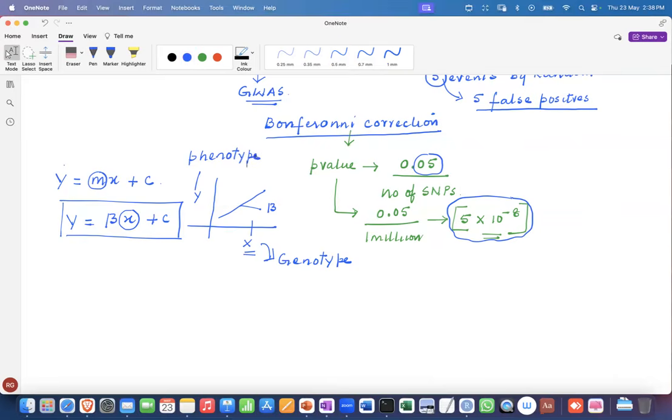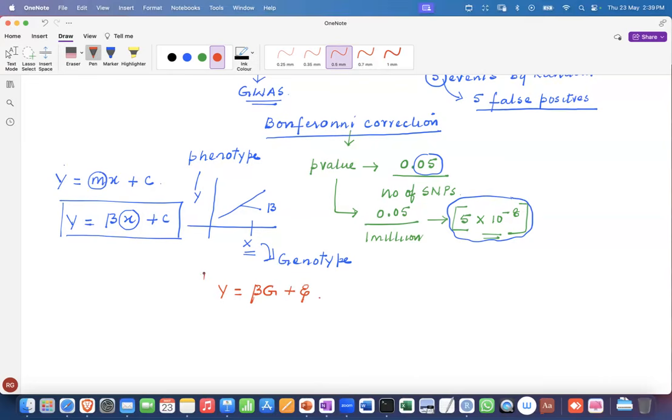Now as we proceed, we'll slightly convert this equation into an equation like this: Y equals beta G, where G stands for genotype, and c we'll just give as an error.